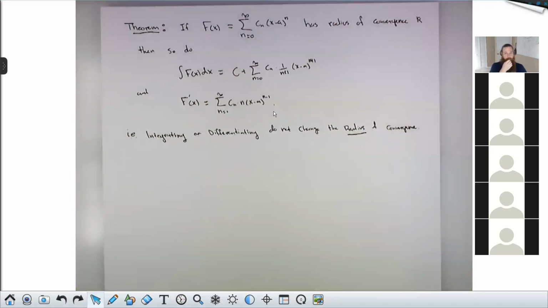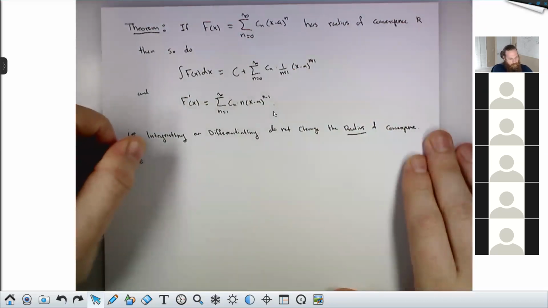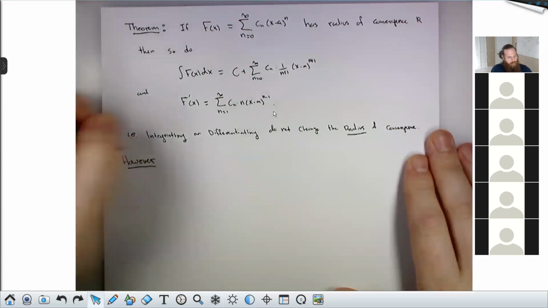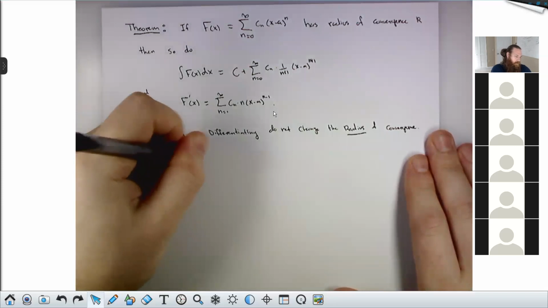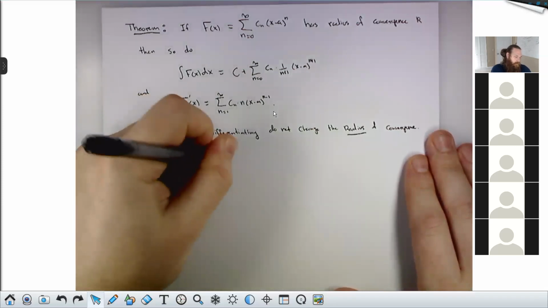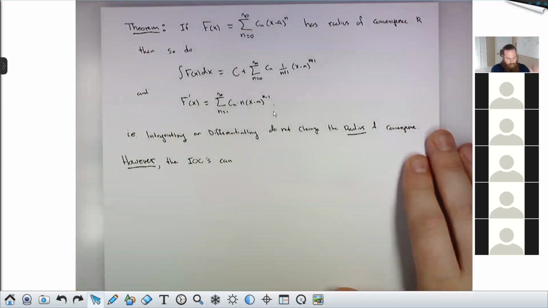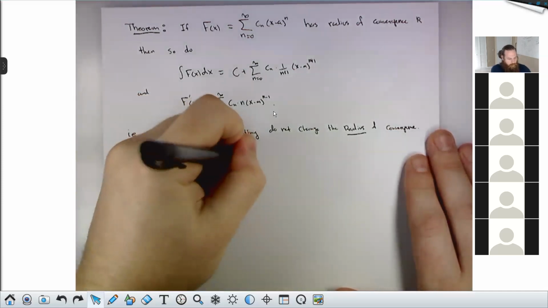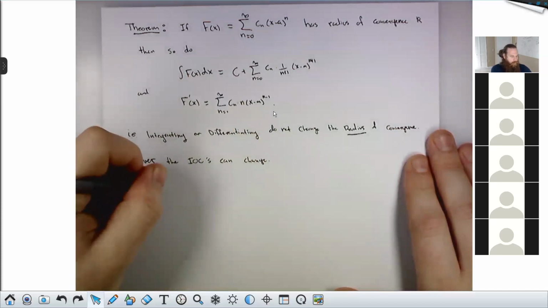However, the interval of convergence can change. I know that's not a correct use of the apostrophe, but it just makes it read better. The IOCs can change according to the following rules.